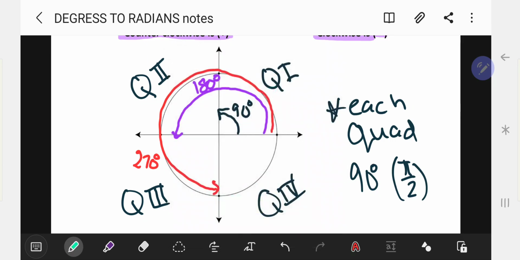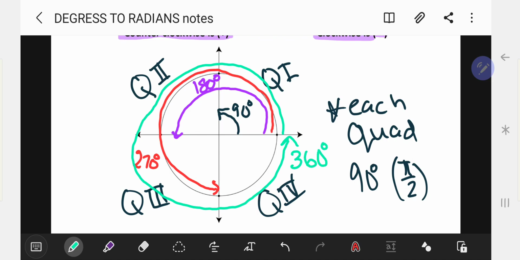And if I complete an entire circle, if I start here and go all the way around, my circle was a messed up circle, then I've completed 360 degrees. Because I'm going counterclockwise, these would all be positive.